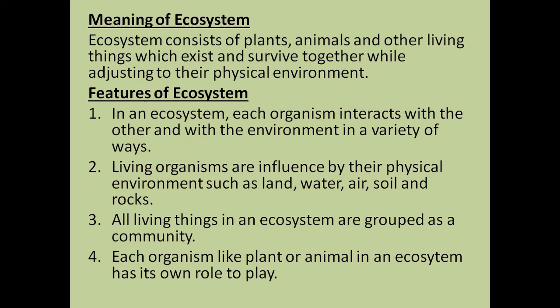Now the meaning of ecosystem. What do you mean by ecosystem? By ecosystem, we mean a type of system which consists of plants, animals and other living things which exist and survive together while adjusting to their physical environment.